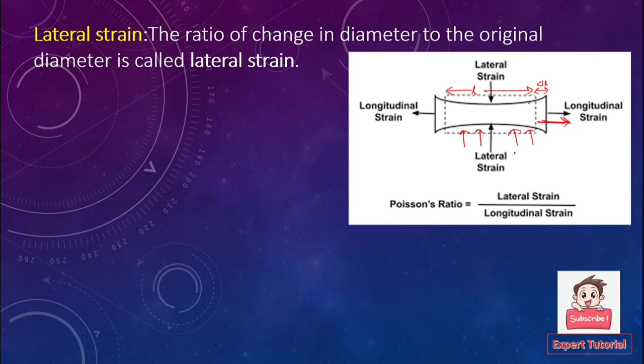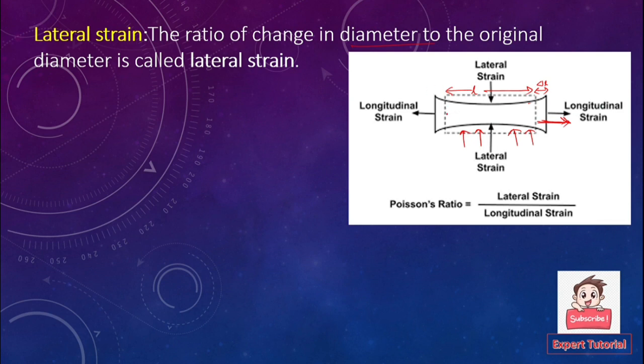That is, laterally it gets deformed. So the lateral strain basically arises due to the change in the diameter. Okay. So the ratio of the change in the diameter to the original diameter is known as the lateral strain.